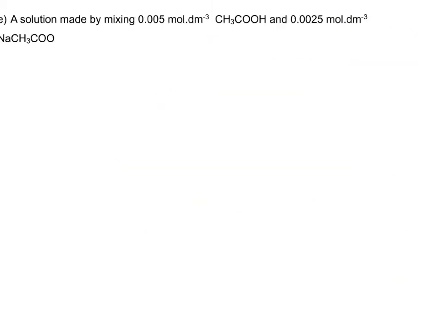The next example is you have a solution that you're mixing, ethanoic acid, a weak acid, and sodium ethanoate. So this is a buffer problem. Since it's an acidic buffer, we just write the acid equation, and that's sufficient. Equilibrium.